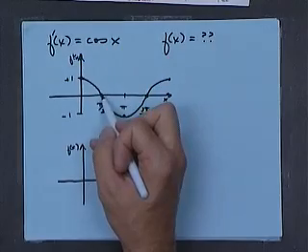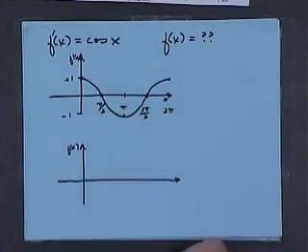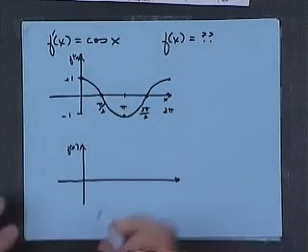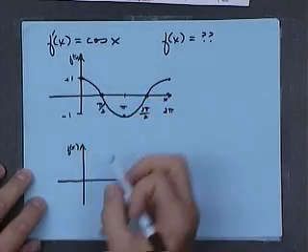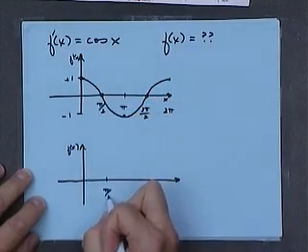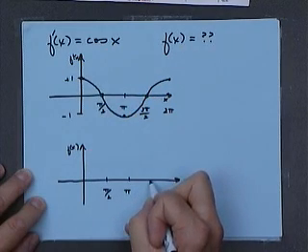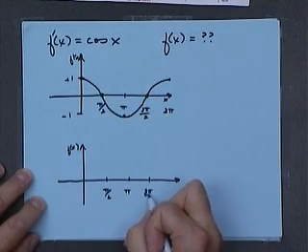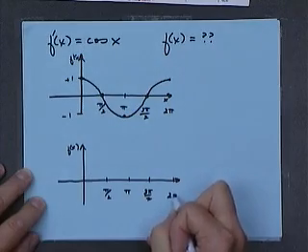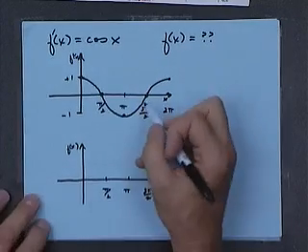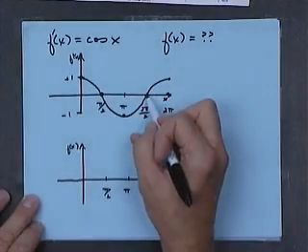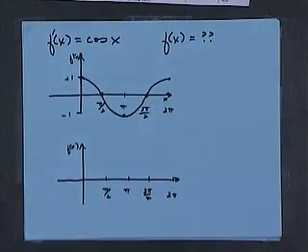So here I would start with these and kind of recommend that to you. Here the derivative is 0. If the derivative is 0 here and 0 here, what does that say about the original function?